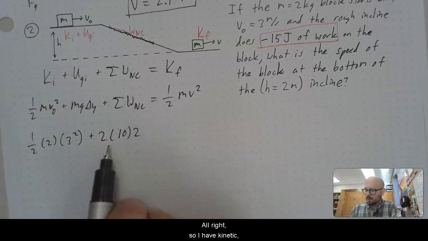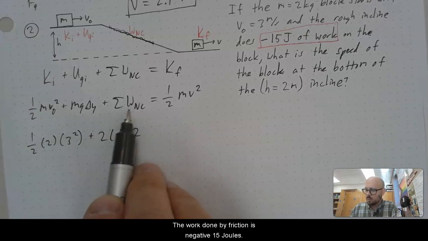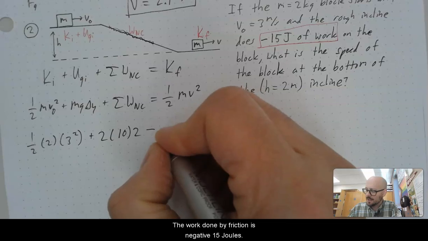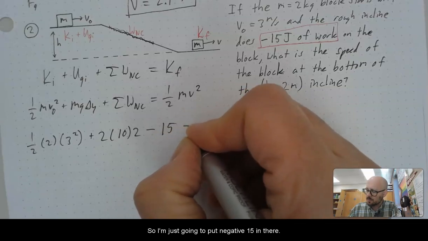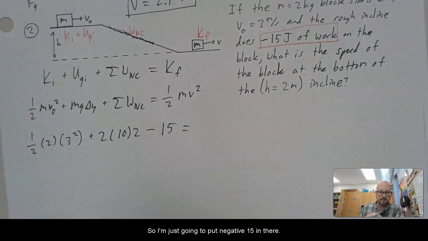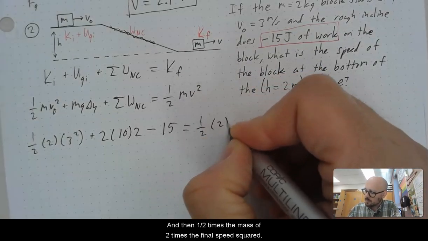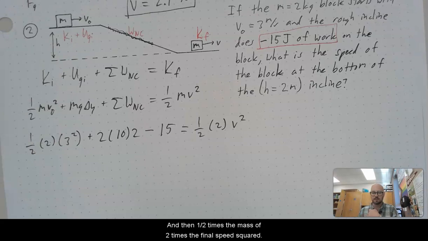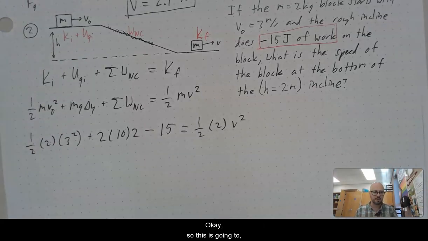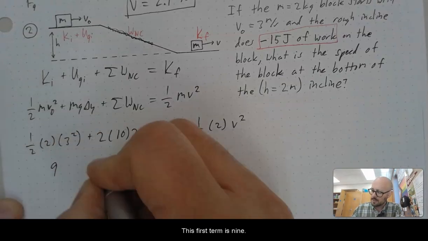All right, so I have kinetic, I have gravitational potential. The work done by friction is negative 15 joules. So I'm just going to put negative 15 in there. And then 1/2 times the mass of 2 times the final speed squared. Okay, so I'm going to calculate each value. This first term is 9.